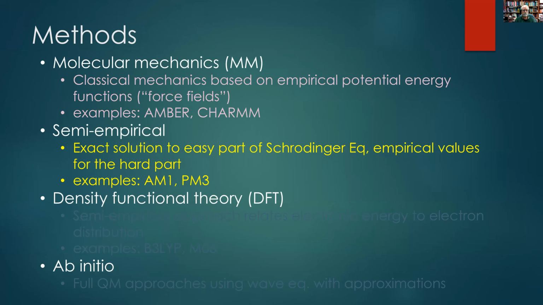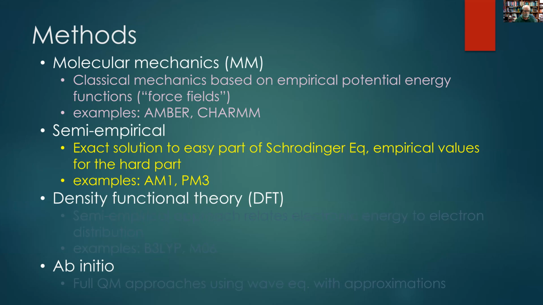Semi-empirical methods attempt to take things closer to the real quantum mechanics, essentially solving the easy part of the Schrödinger equation exactly, and then using empirical solutions to the hard part. They're extremely fast, and when they work, they're surprisingly accurate.